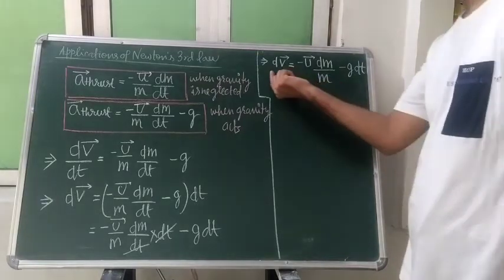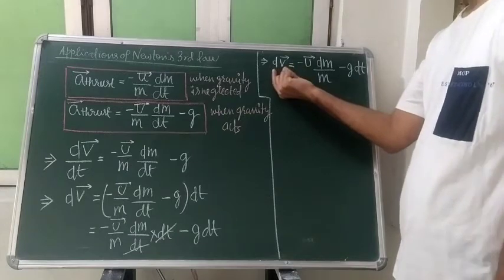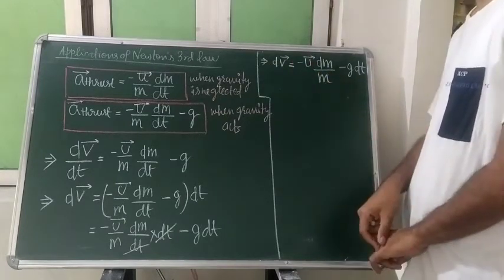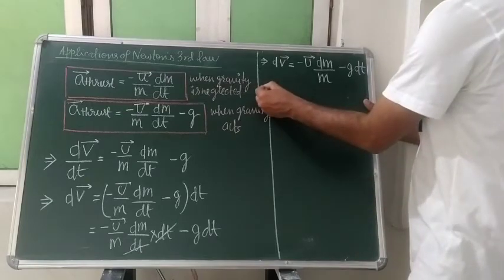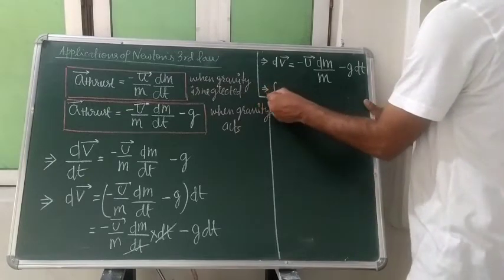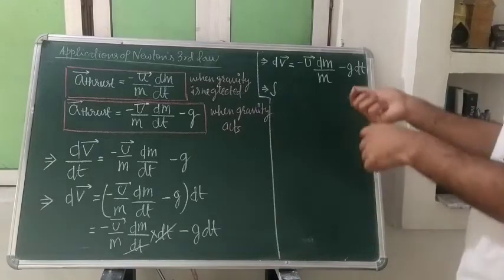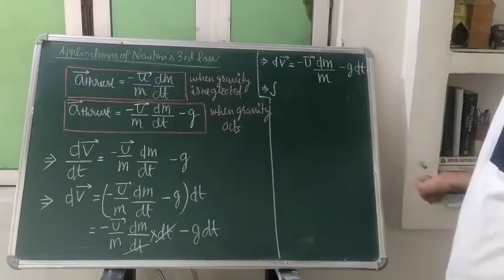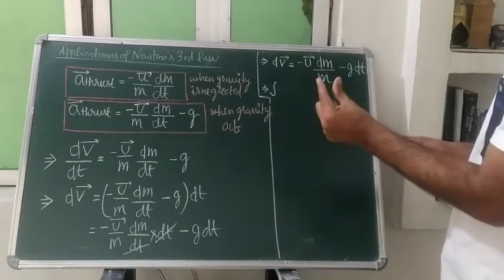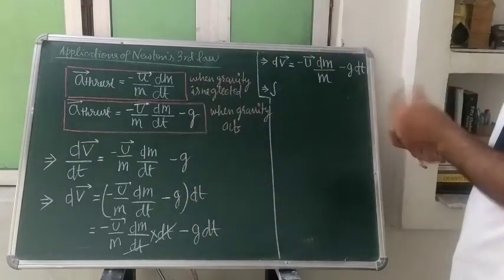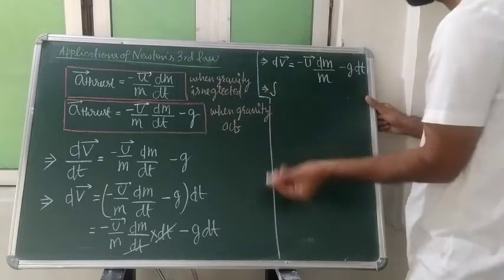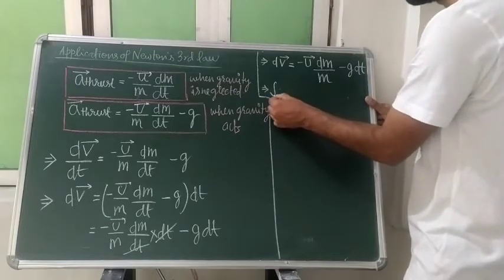So student, this del V is a very small change in velocity, and now what will we do? We will integrate it. You know that the opposite of differentiation is integration. A very small thing we have come to know; if we integrate that, we will get the whole thing. I told you that in the previous video.